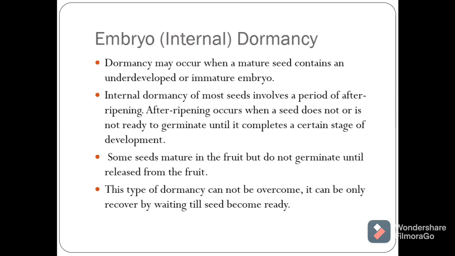After ripening occurs when a seed isn't ready to germinate until it completes a certain stage of development, right? Because the embryo is underdeveloped, it requires a certain period so that it can develop properly inside the seed. After that period only it can germinate well.